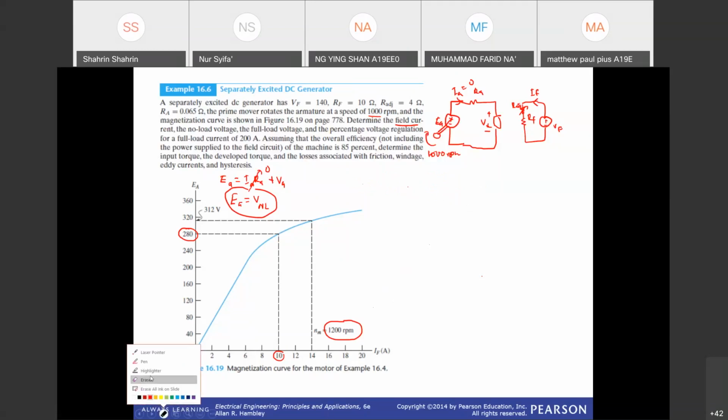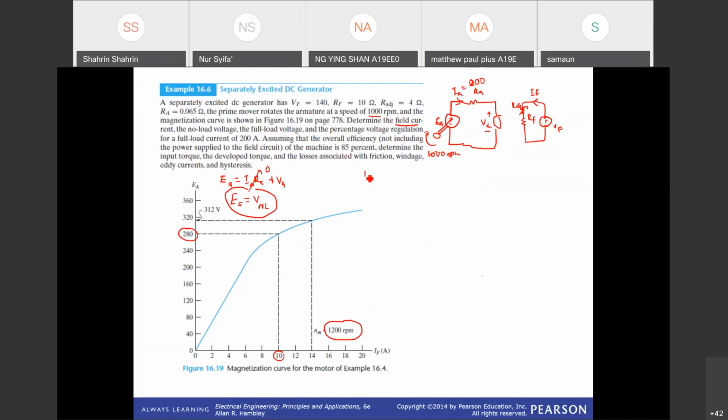From the question, it says that when the generator is connected to a full load, a current of 200 ampere will actually flow.